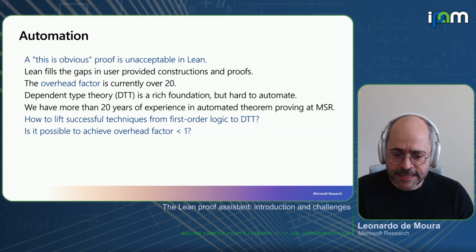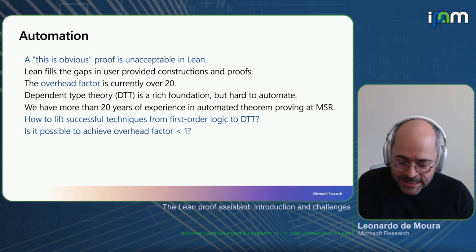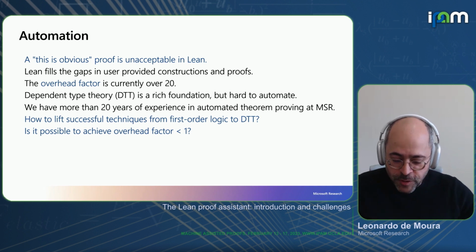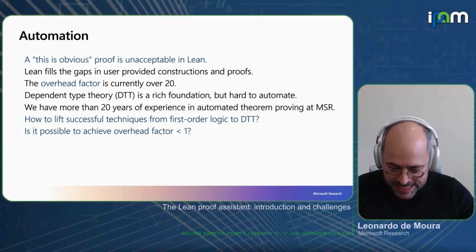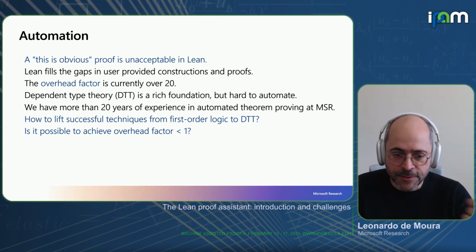It's way harder to automate than first-order logic. And one challenge in this domain: can you reduce the overhead factor to 1 in the distant future? Can it be less than 1? If it's less than 1, it would be awesome. It feels like now you can use a proof system on a daily basis to make you faster, to write down a paper, for example.